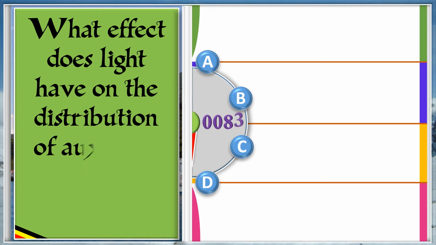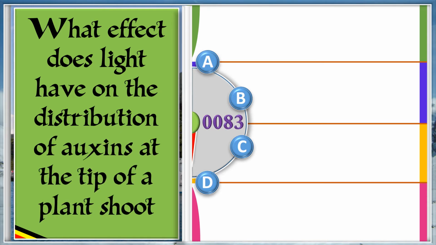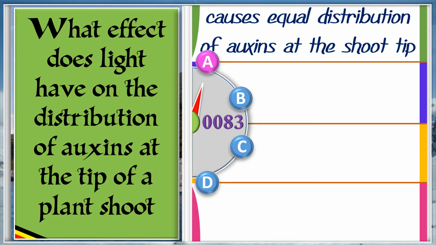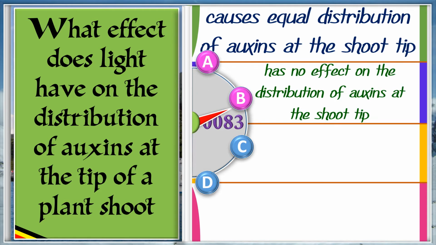What effect does light have on the distribution of auxins at the tip of a plant shoot? A. Causes equal distribution of auxins at the shoot tip. B. Has no effect on the distribution of auxins at the shoot tip.